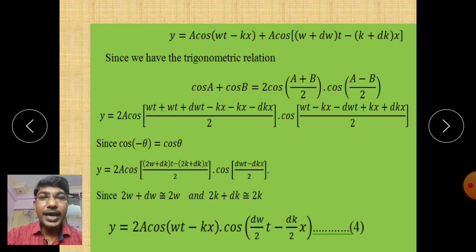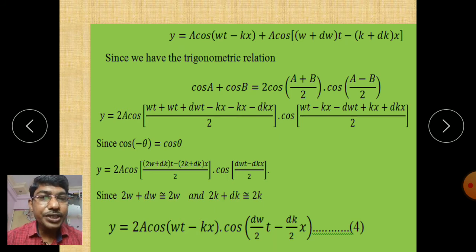Here the 2a, this a is the amplitude. Now (A + B)/2, this is the A term and this is the B term, and in cos((A − B)/2), A is ωt − kx and we subtract B.